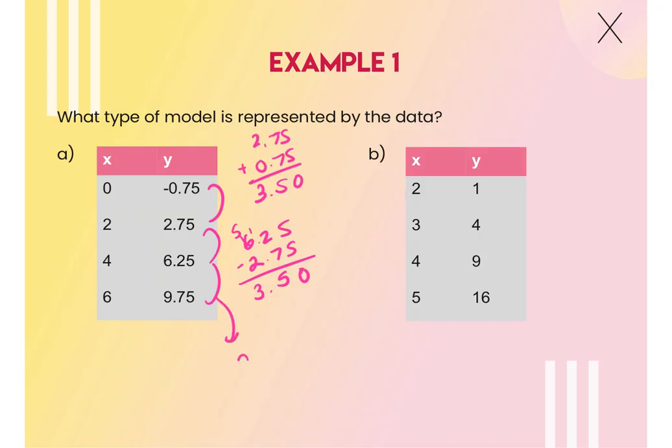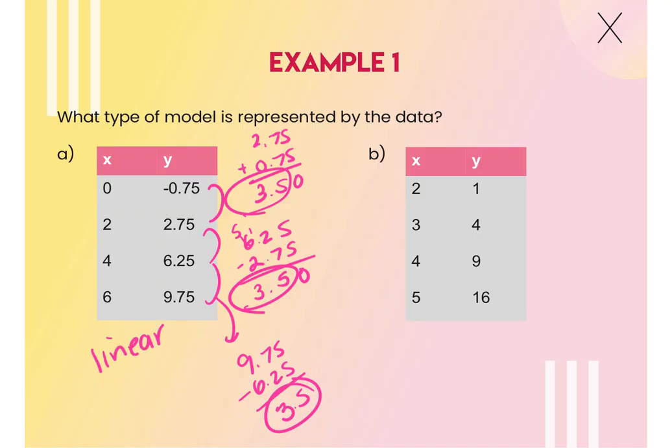Check it one last time, 9.75 minus 6.25, 3.5 again. So that first difference is the same, which makes this linear. Is the rate of change 3.5? No, because you have to divide it by 2. The x values are going by 2. So if I wanted the slope or the rate of change on this one, I'd have to divide by 2.